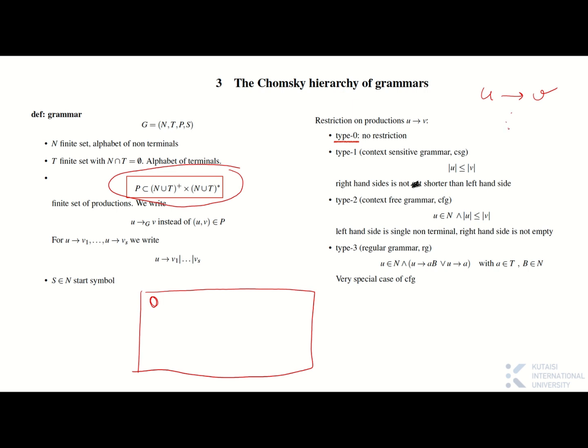If the right-hand side is not shorter than the left-hand side, that is the requirement. If in all of your productions the right-hand side is bigger than or equal to the left-hand side, so you're deriving bigger and bigger strings, then you will say that it's context-sensitive. Of course, you can see that this sits somewhere here.